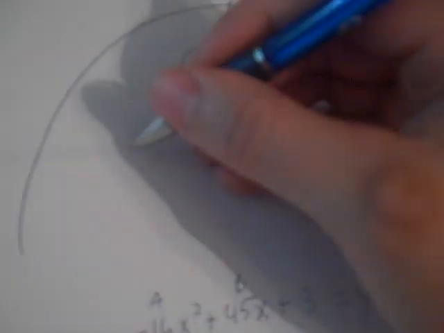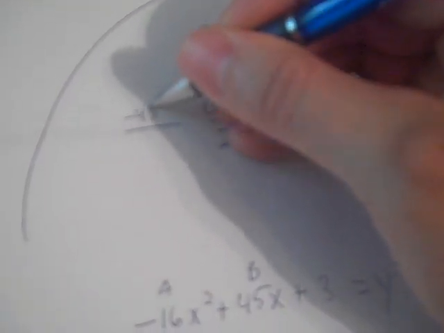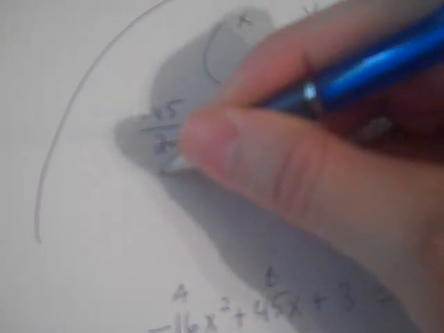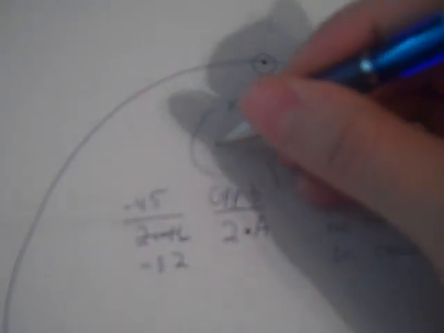So I have my A, I have my B. The opposite of B is negative 45. And then I'll be taking 2 times negative 16, that's negative 32, and then I divide. So negative 45 divided by negative 32 is 1.41. That's the seconds it took to get to that point.